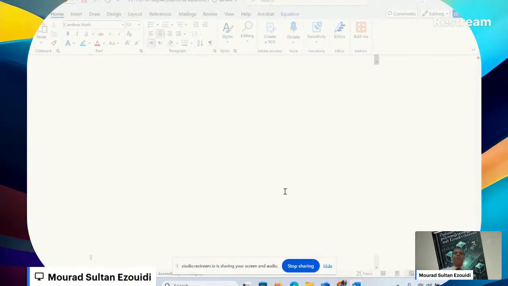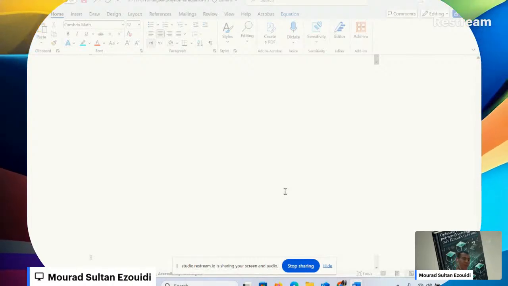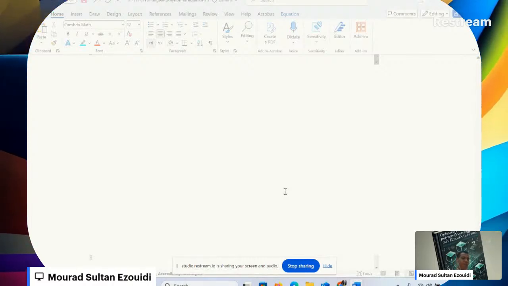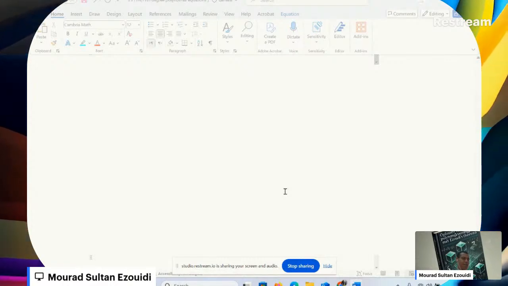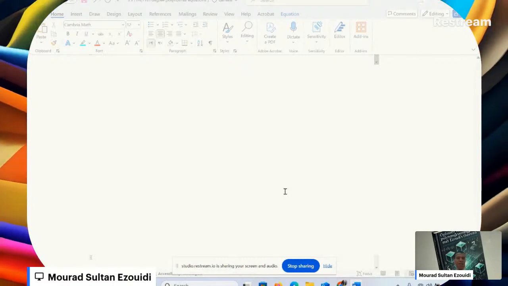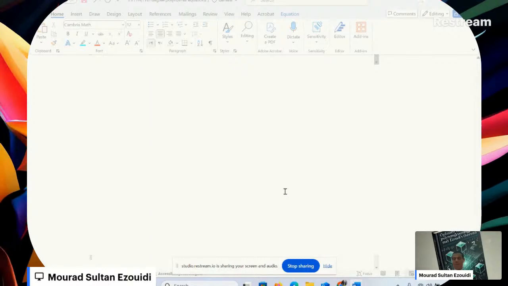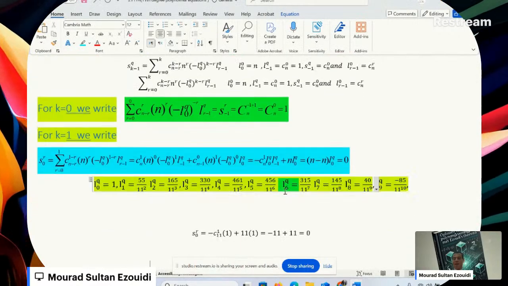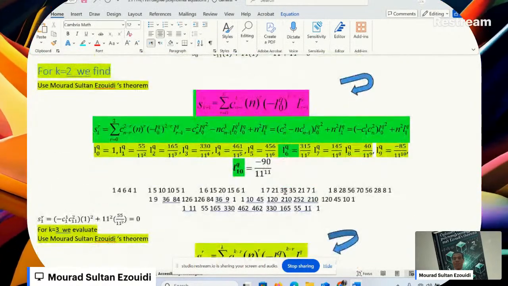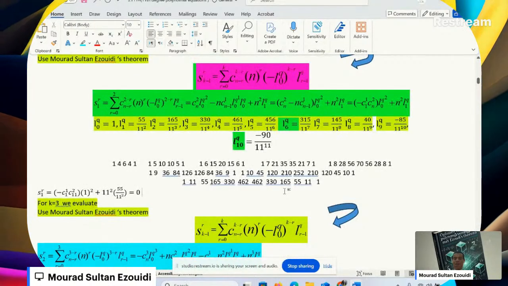Here my professors, the classical methods are, let's say, obsolete. Meaning that for those who are still using classical methods, I advise them that these methods are considered obsolete.